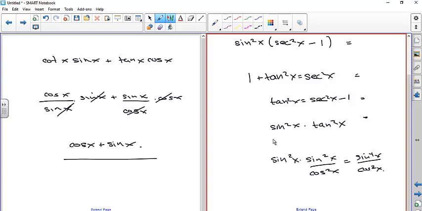So whether these are any better than the others, this one doesn't have a quotient. This one doesn't have tangent, so it's only a function of sine and cosine. So yeah, I don't know. Let's see what the book did on that one, which one they considered to be sufficient.